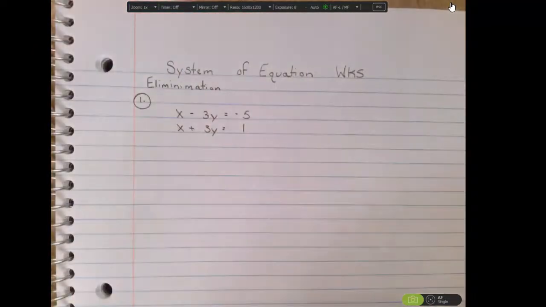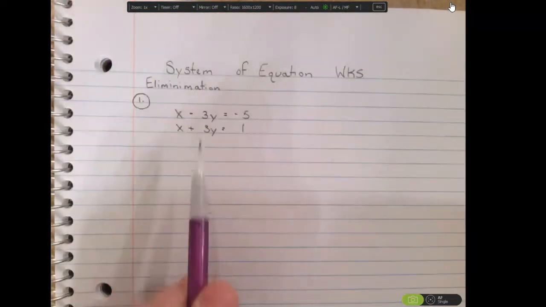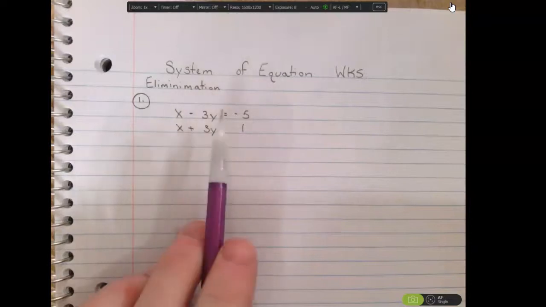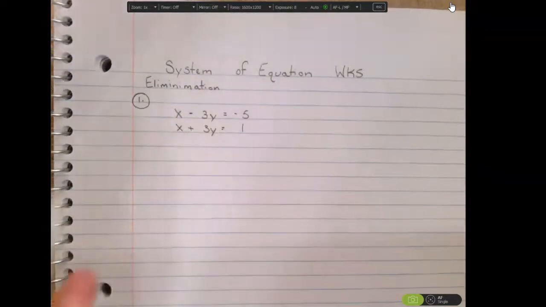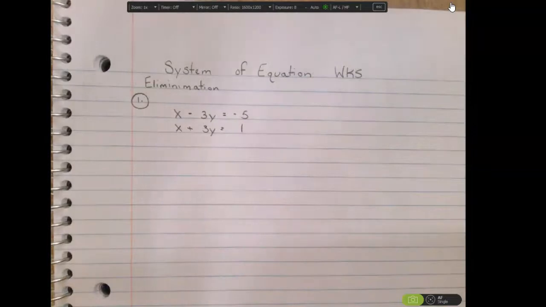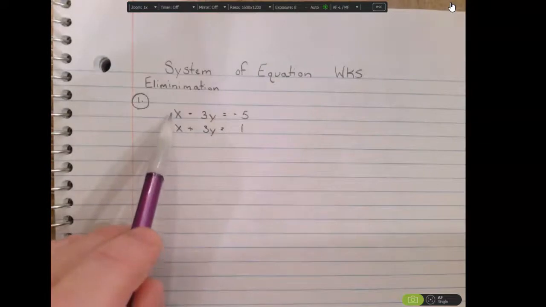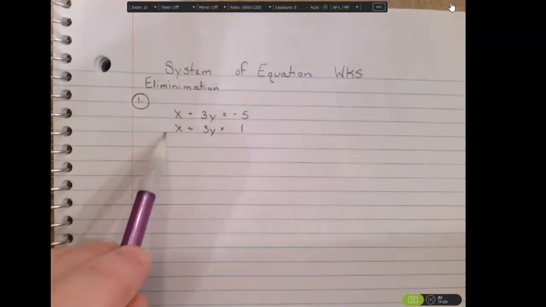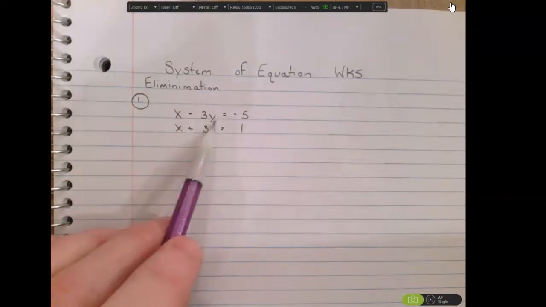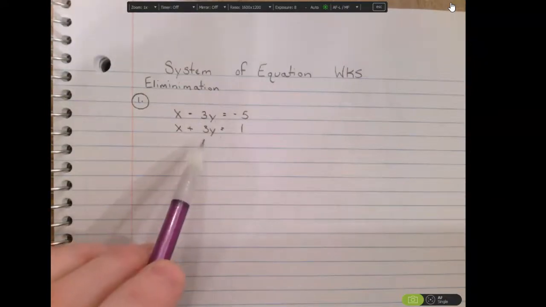And again, my point here is I want to eliminate an x or eliminate a y. And it doesn't matter which one. That's the cool thing about these. It doesn't matter which one of these you choose to get rid of. Now, in order to eliminate, remember, I need whatever number is in front of the x to be the same, or I need whatever number is in front of the y to be the same.